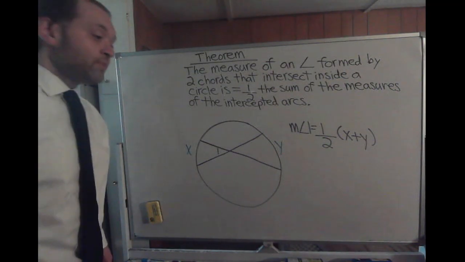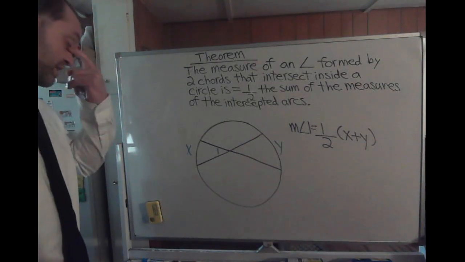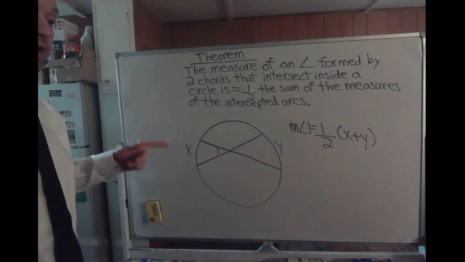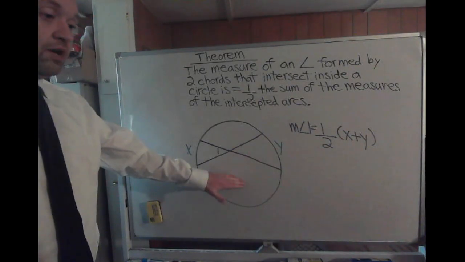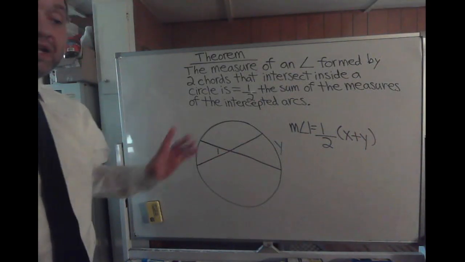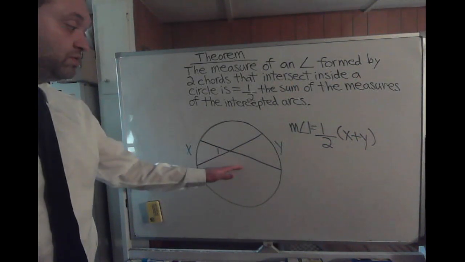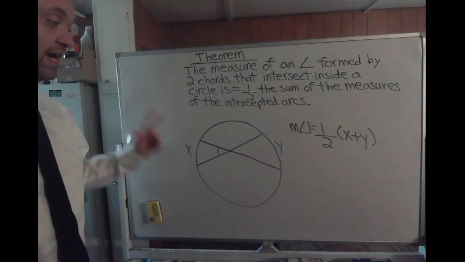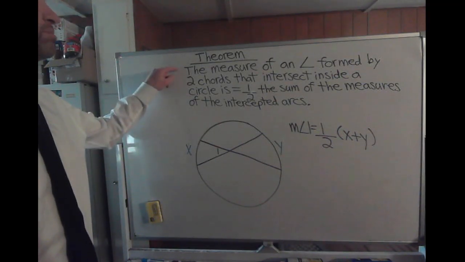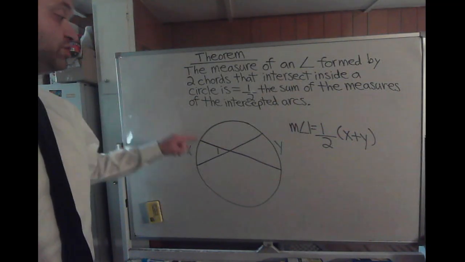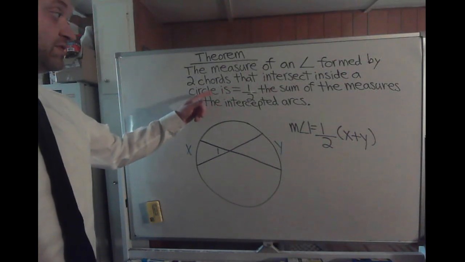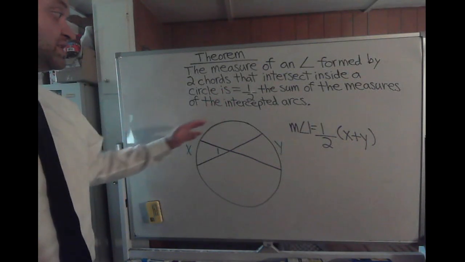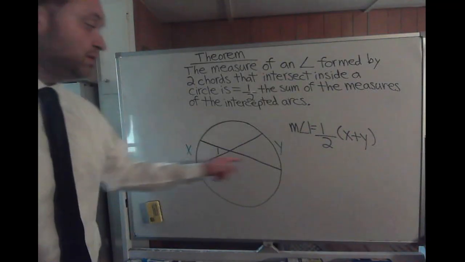So here is our first type of other angle of a circle, where you have a circle here with two chords that intersect inside of a circle. Whenever you have that, this theorem states that the measure of an angle formed by two chords that intersect inside of a circle is equal to half the sum of the measures of the intercepted arcs.